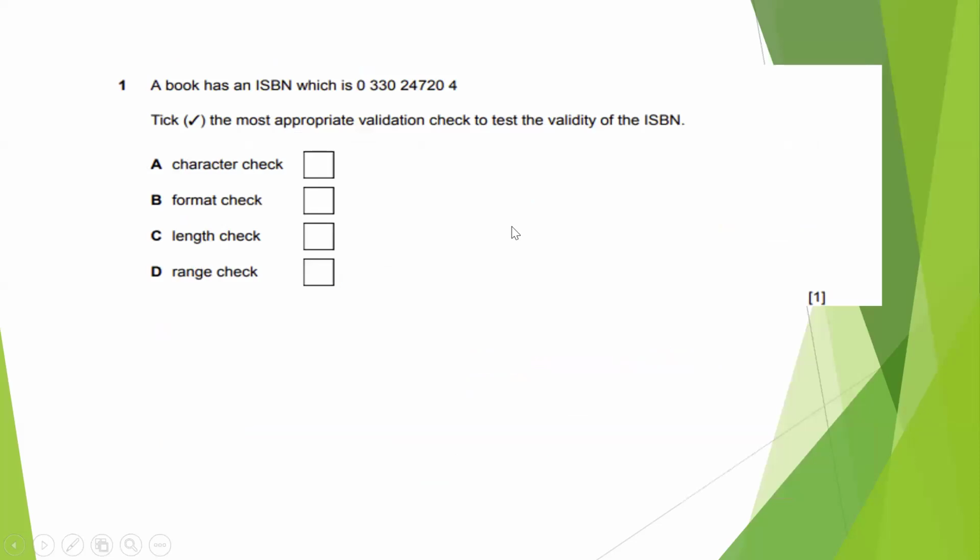Now see this one. This would be validity of ISBN. It's between length and range.